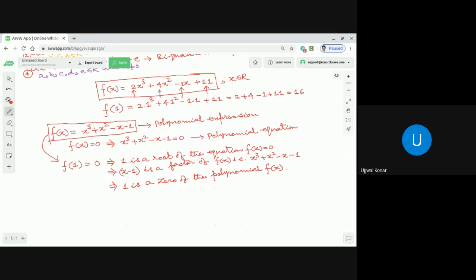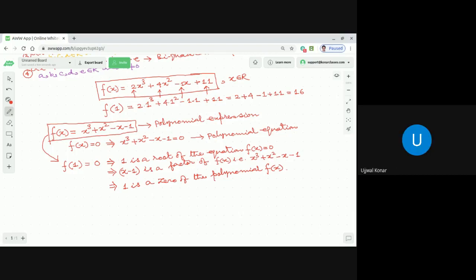If f(x) equal to x cube plus x square minus x minus 1, and for x equal to 1, we get f(1) equal to 0, correct?